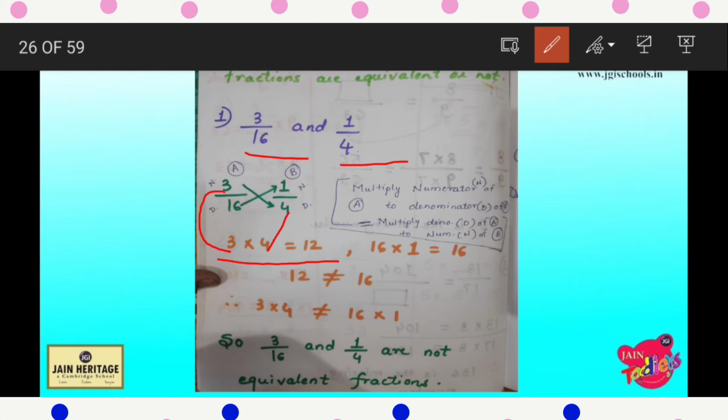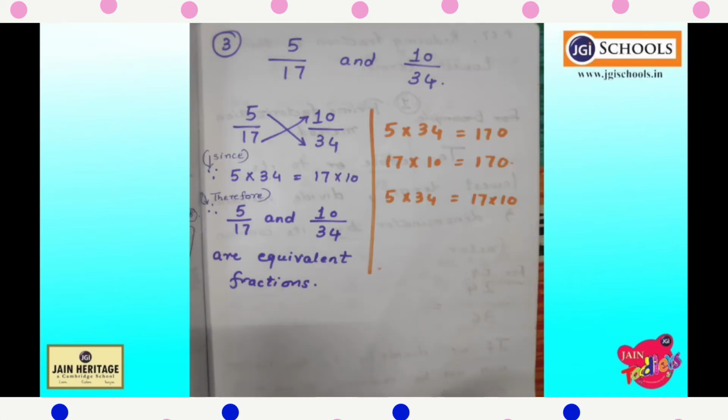Now in the second thing you have to multiply the denominator of A by the numerator of B. What will we get here? 16, right? So is 12 equal to 16? No, 12 is not equal to 16. So these are not equivalent fractions. Okay.